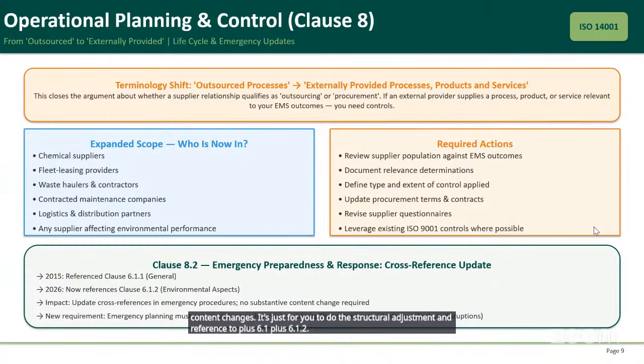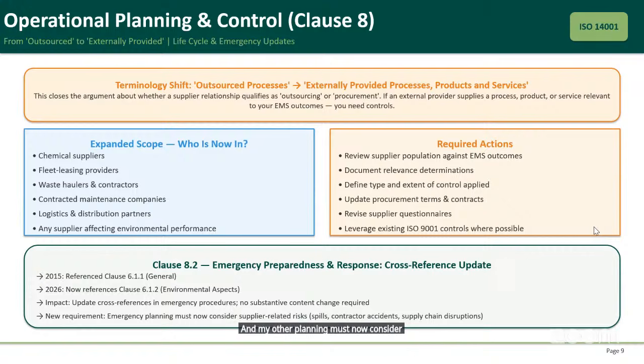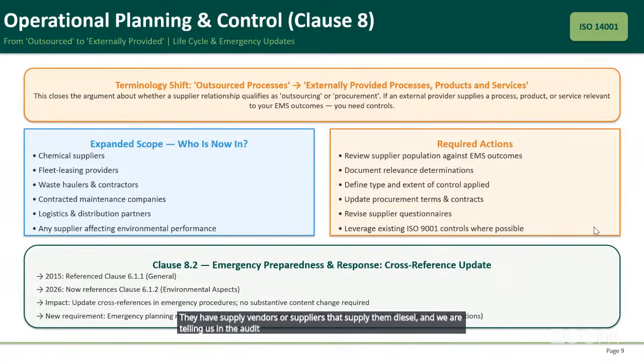Emergency planning must now consider supplier-related risk. All your suppliers have gone through an audit before, and some have vendors that supply them diesel. They were telling us in the audit that it is the supplier that created the spill in your facility, and I think that doesn't concern you?